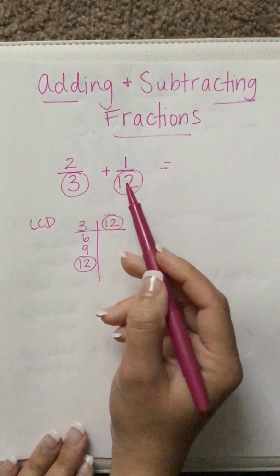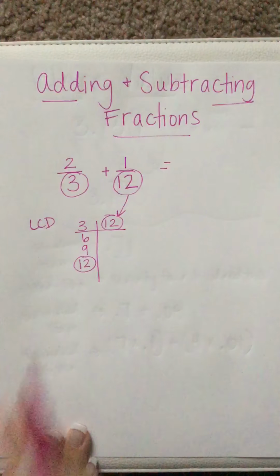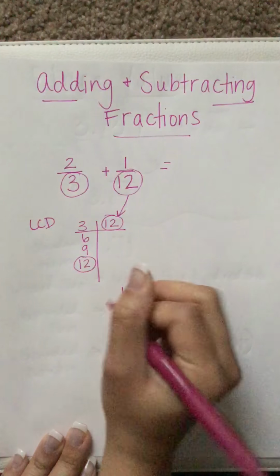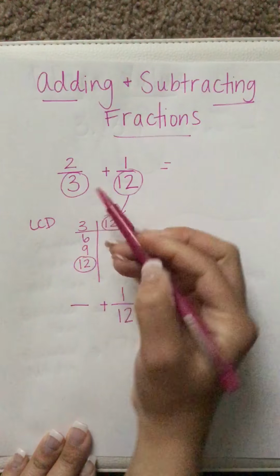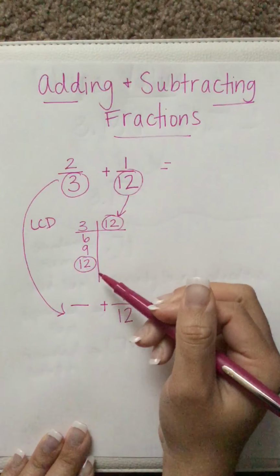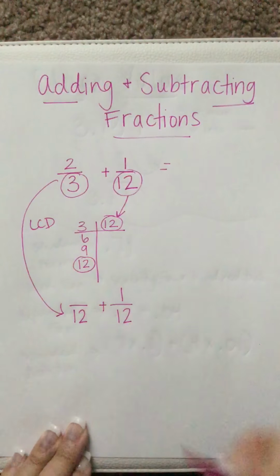Now, if your fraction already has the denominator as its match, it stays the same. Okay, so 1/12 stays 1/12. But 2/3 becomes something now with a denominator of 12.